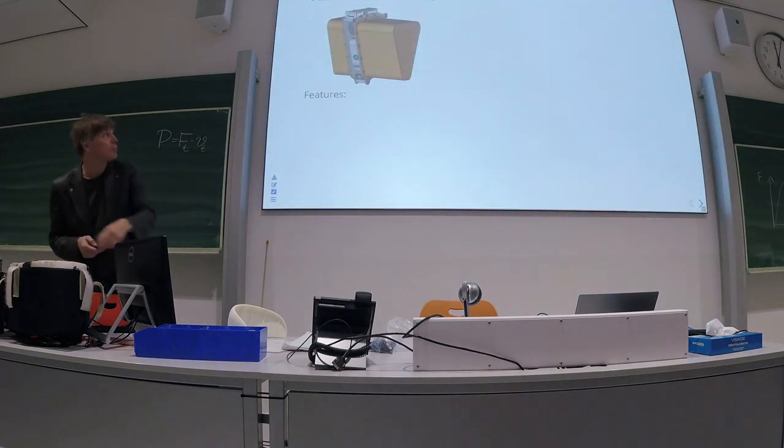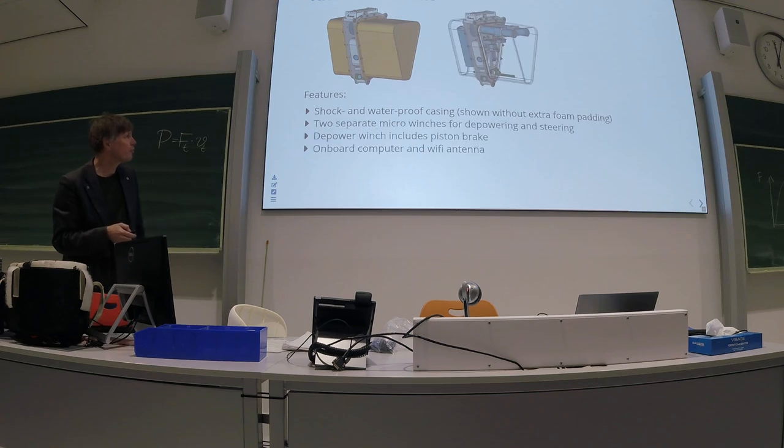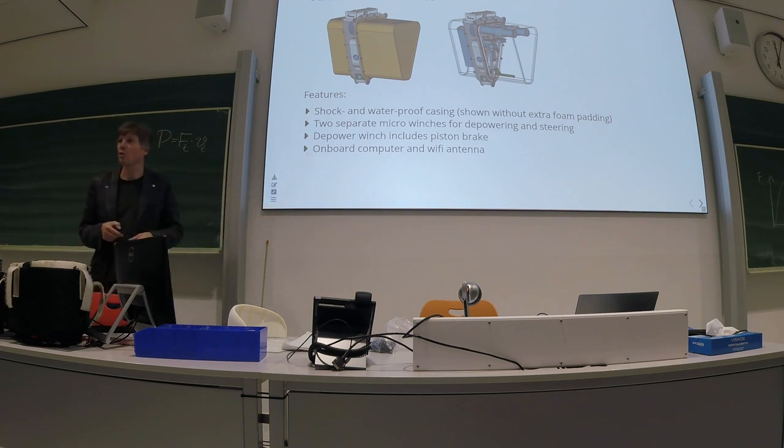And okay, this is something that I just explained. Maybe I have some values here. So it's shock proof, of course. It has these two micro winches. We have the piston brake that I mentioned, the onboard computer and Wi-Fi antenna.